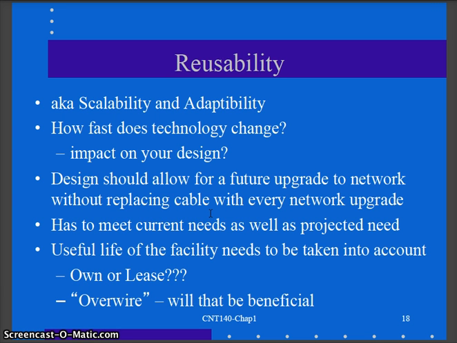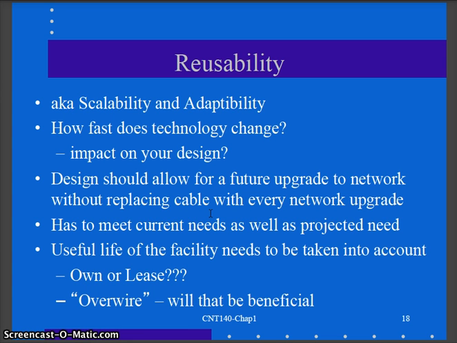Well, that affects what's happening at my layer 1, my physical layer, my cabling layer, if you will. As we go from 10, 100, 1000 to 10 gig, the cabling needs to change to support that. So the reusability of my network is, as I'm installing my cabling, I'm thinking about where I'm going to be in 5 to 10 years.